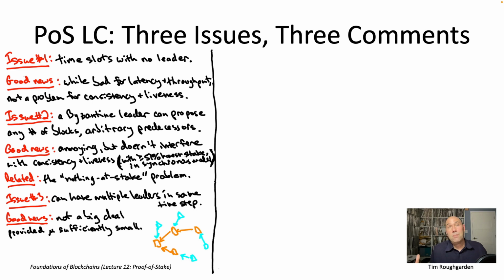Right, so maybe we assume that at least 52% of the stake in the staking contract is controlled by honest nodes. A little bit of their contributions get wasted, but it's still as if we had a 51-49 split honest versus Byzantine stake, which is good enough for the consistency and liveness guarantees of longest chain consensus to go through. So those are the issues I wanted to highlight that come up either because of this so-called nothing at stake problem or because of VRF-based random sampling and its variable number of winners.